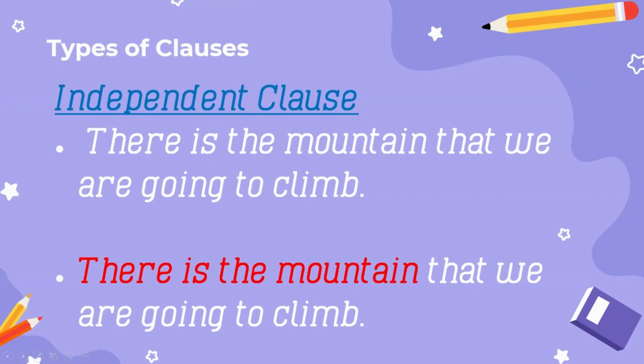The subject here is mountain, and the verb is. So if you take away that we are going to climb, there is the mountain can stand by itself. That's why it is called independent clause. Without the help of another clause, that we are going to climb, we can still understand there is the mountain.